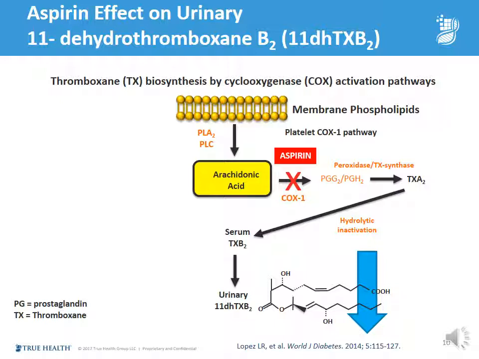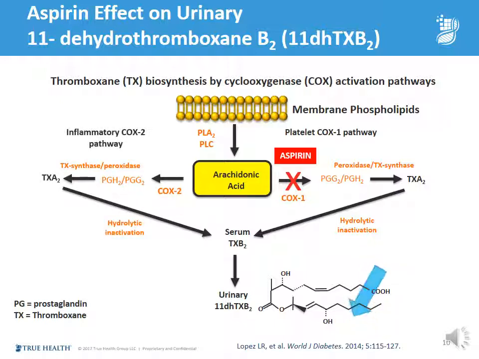However, you remember there is more to the story here. Arachidonic acid via the COX-2 pathway can also generate thromboxane A2 and generate ultimately the production and excretion of 11-dehydrothromboxane B2. Unfortunately, aspirin has very little effect on the COX-2 pathway. So it is possible to prescribe aspirin to a patient with elevated urinary thromboxane B2 and nothing happens.